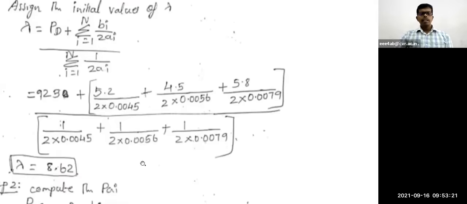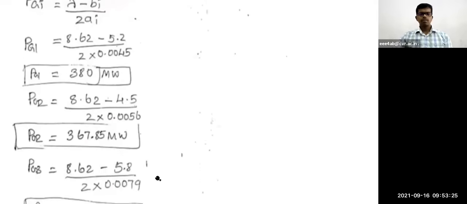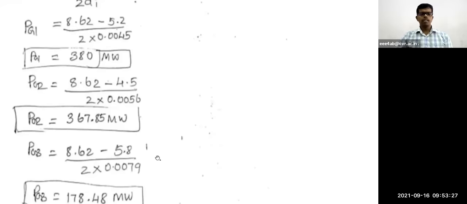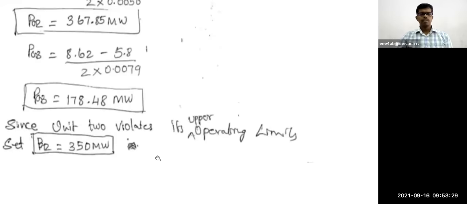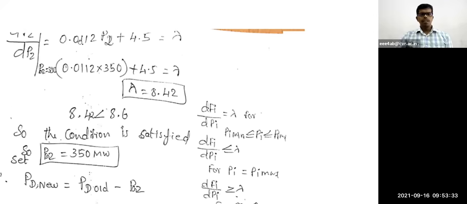So after differentiating, what is the answer we are getting? We are getting 0.0112 PG2 plus 4.2, which is equal to lambda, and we need to find it out.